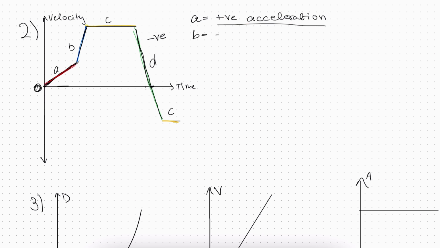Now at B, we also have a positive acceleration, but the acceleration is greater because the slope is steeper. If the slope is steeper, it means that the velocity is increasing at a greater rate, and that is a greater acceleration. At C, the object is not still, but it has a constant velocity.